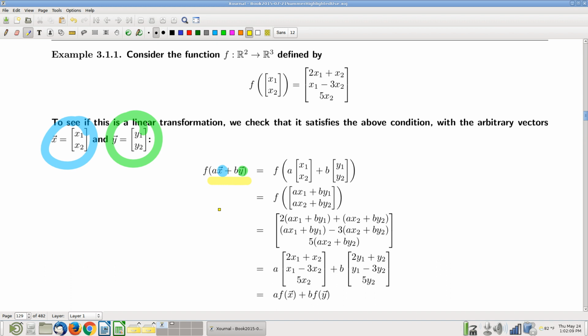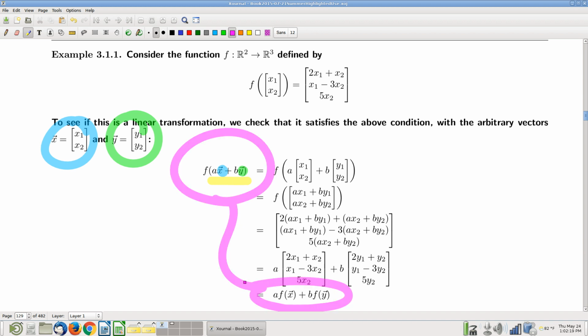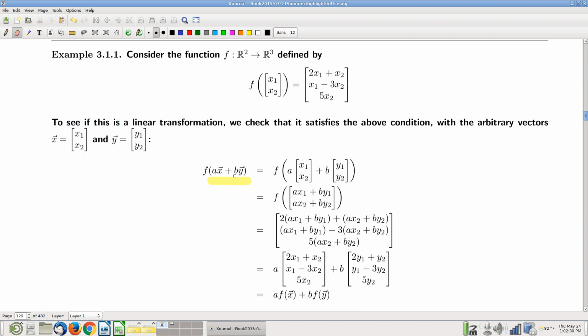This could be any linear combination of them, and it's my responsibility now to confirm that doing the combination before the function will give me the same result as doing the combination after the function. And you just gotta plug in and brute force confirm that sure enough, it does work.